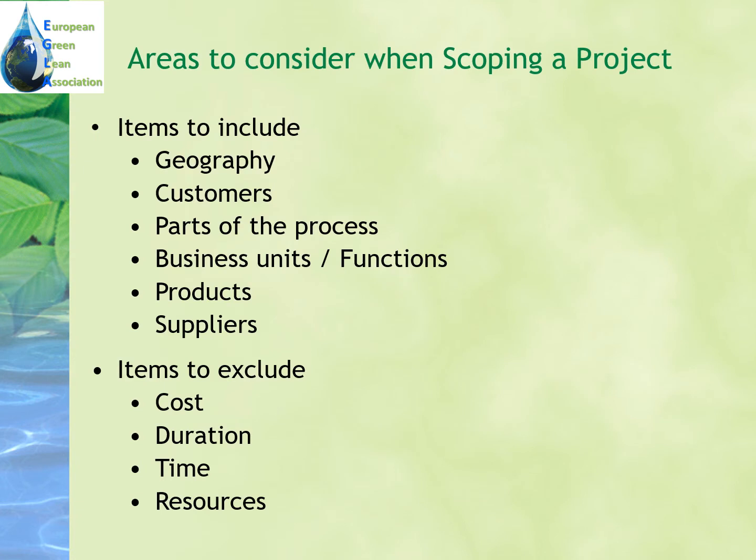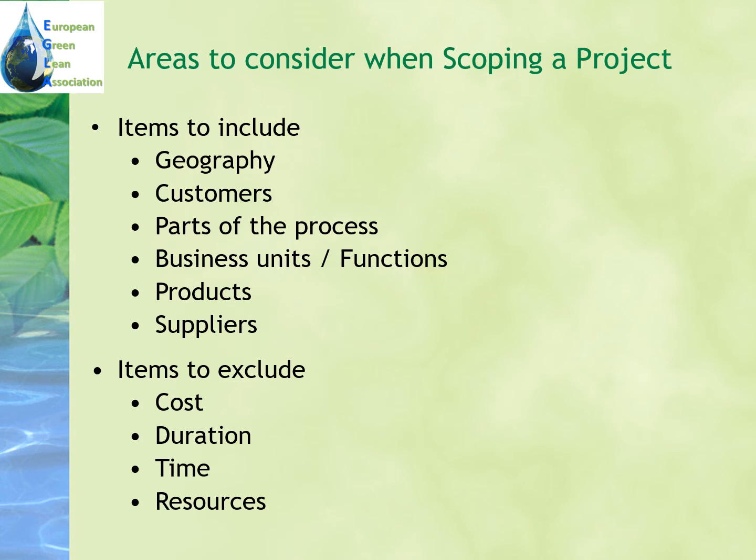So, some areas to consider. Items that you must include in this phase are geography. If there is a wide geographic area where you need to work, that will affect your timing and resources. Customers as well. How many customers are going to be involved? Whom will it affect what we do? What processes are we going to cover in the project?